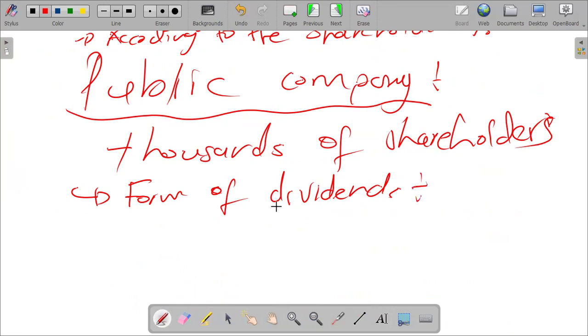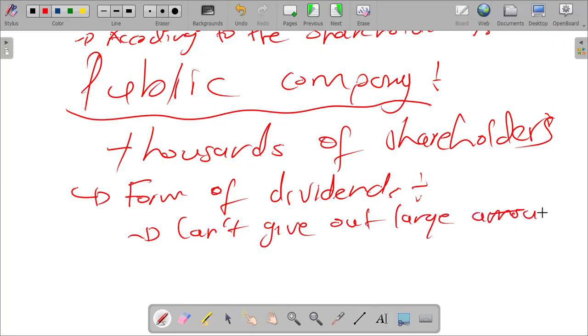Dividends. Now, what are dividends? The company can't give out large amounts of money at one time.